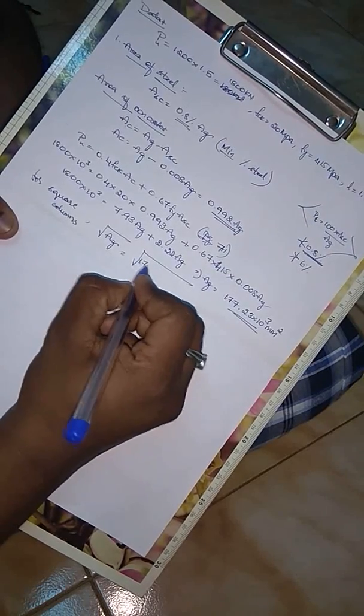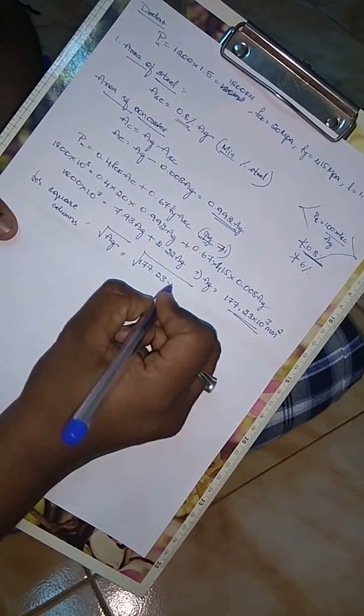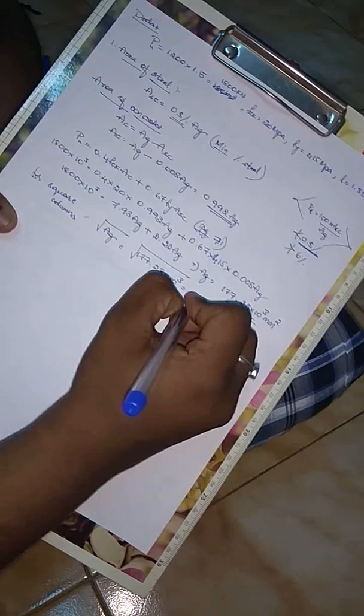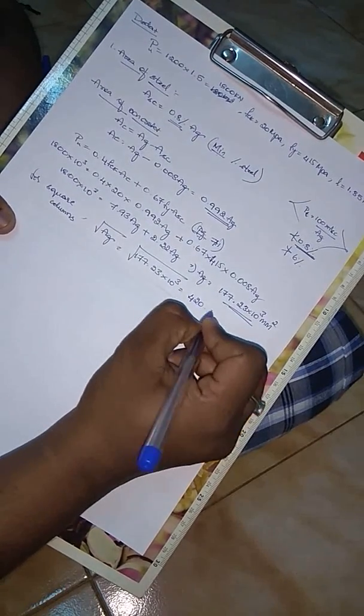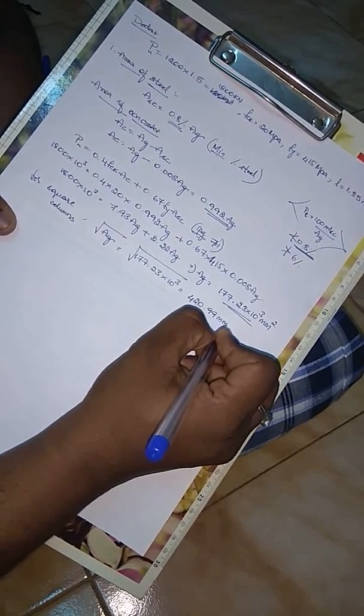AG means 177.23 into 10 power 3, you will get 420.99 mm.